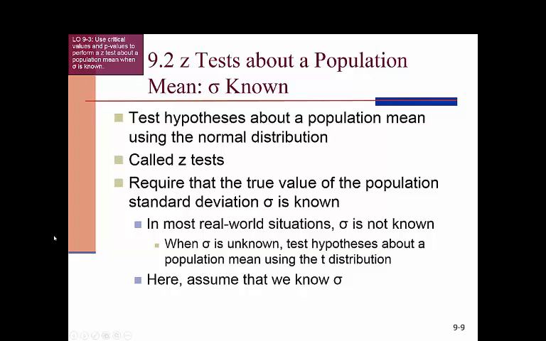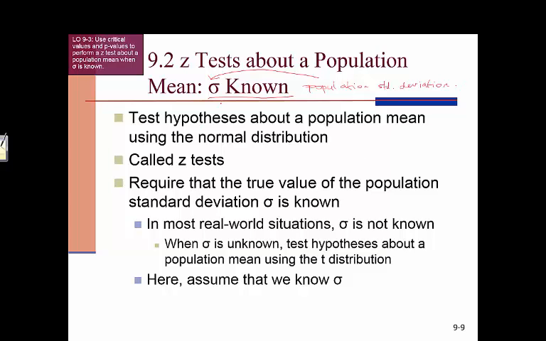Okay. Once we've learned how to set up hypothesis, then we have to figure out what test to do. Okay. So if you have a known sigma, just like we talked about with confidence intervals in the last chapter, chapter 8, here if you know sigma, the population standard deviation, okay, just to remind you, this is population standard deviation.